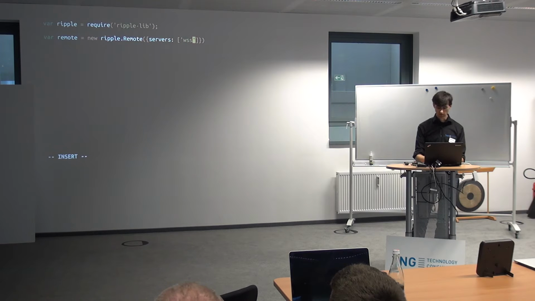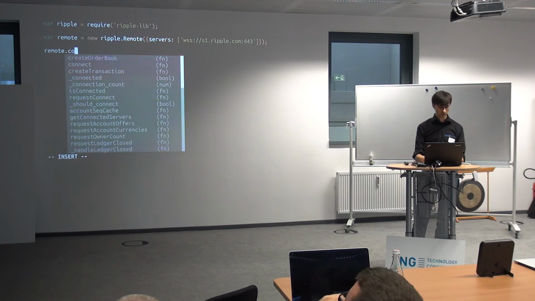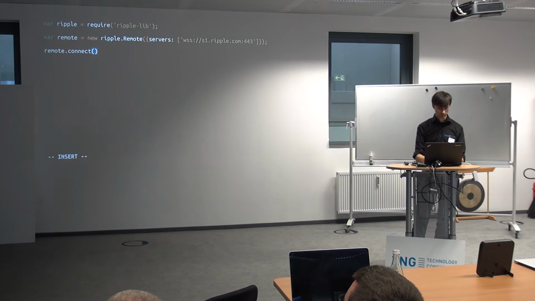So this is using WebSockets, and you can just connect to one of the servers that is provided to the Ripple network by Ripple Labs, which is a startup in San Francisco, which is maintaining this Ripple network and the code. And then you can connect to the Ripple network.